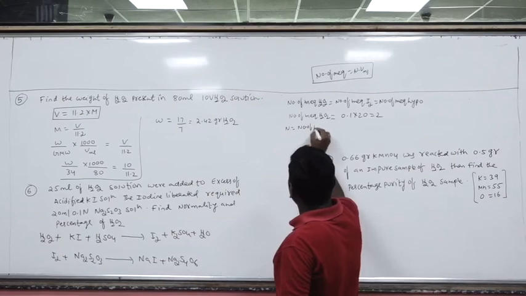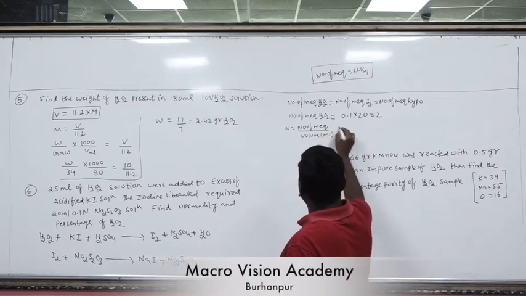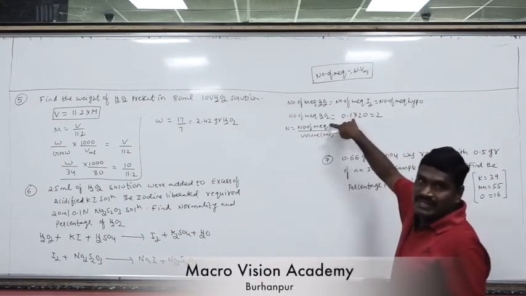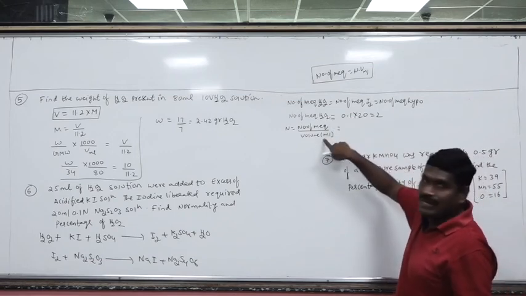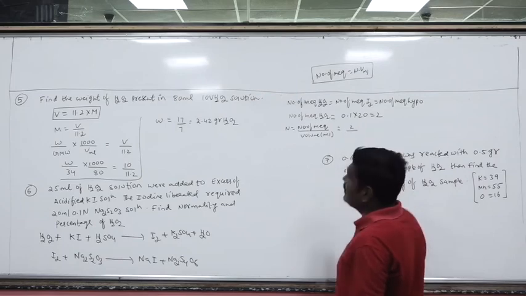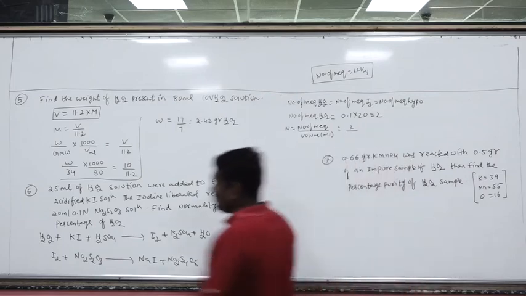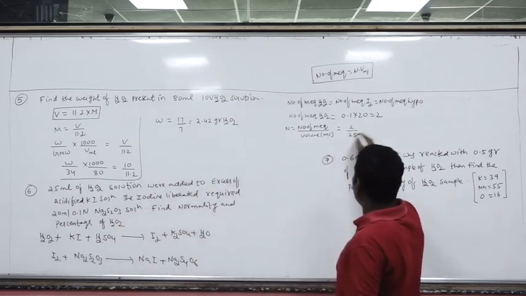Number of milli-equivalents by volume in milliliter. Otherwise, number of equivalents present per liter of solution, or number of milli-equivalents present per milliliter of solution. How many milli-equivalents are there? 2. What is the volume of solution in milliliter of H2O2? That will be 25.